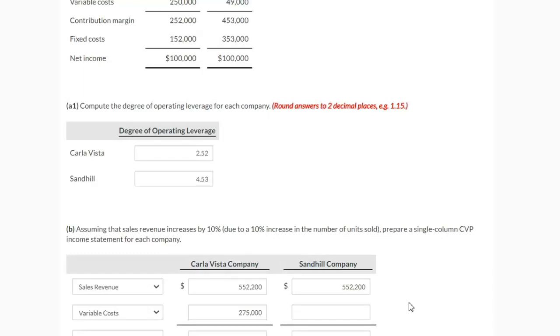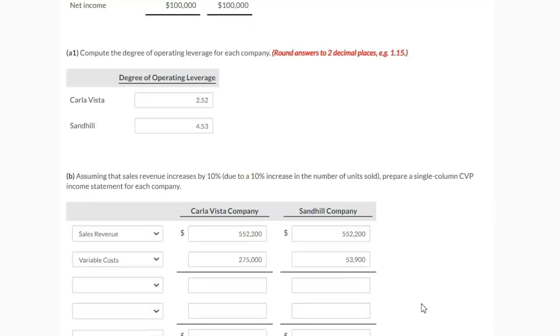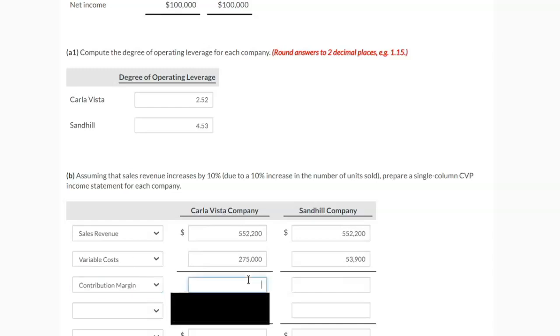You can figure out the variable cost ratio now, or you can just take 49 and multiply by 1.1, 110%. Now your contribution margin will go up 10%. Their contribution margin was what? Okay, just subtract them then. Okay, good.